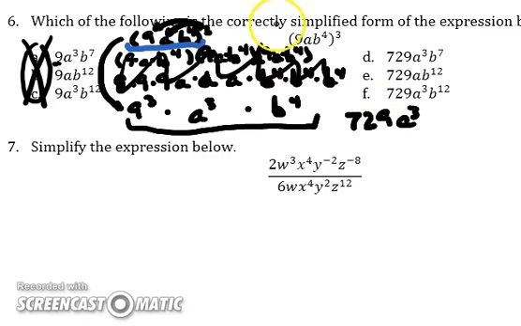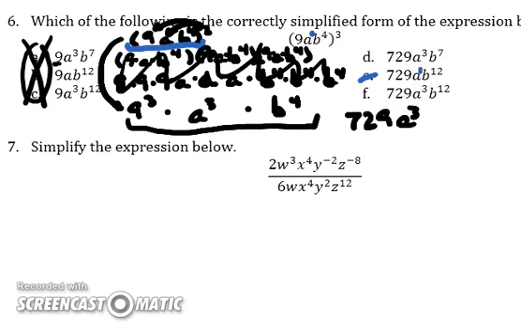So this a, again, had an implied 1 in the exponent, and we multiply exponents. If we're raising a power to a power, we multiply exponents. 3 times 1 is 3. That means that the first answer is out. We have a to the implied first power here. We're kind of ignoring the fact that we should have raised it to the third power as well.